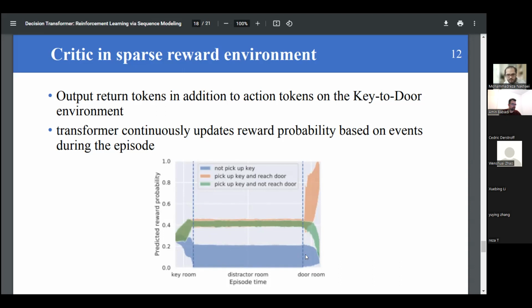And in the final phase, if it's able to reach the door, the probability of being successful converges to 100%, and otherwise it converges to 0. As you can see from this figure and this plot, we can understand that decision transformers can be used as a critic in reinforcement learning.